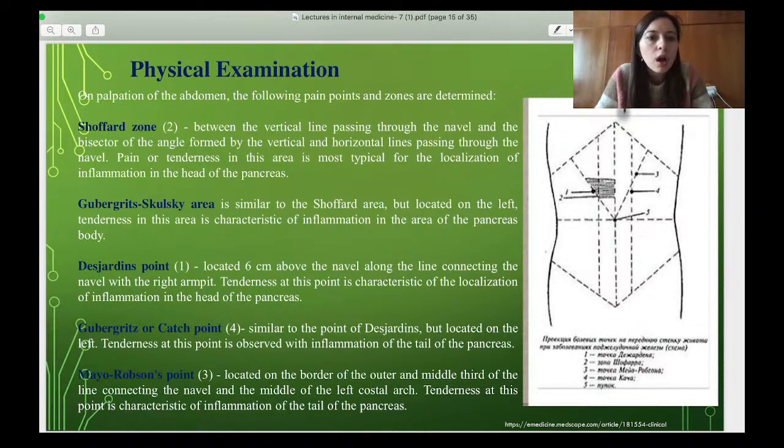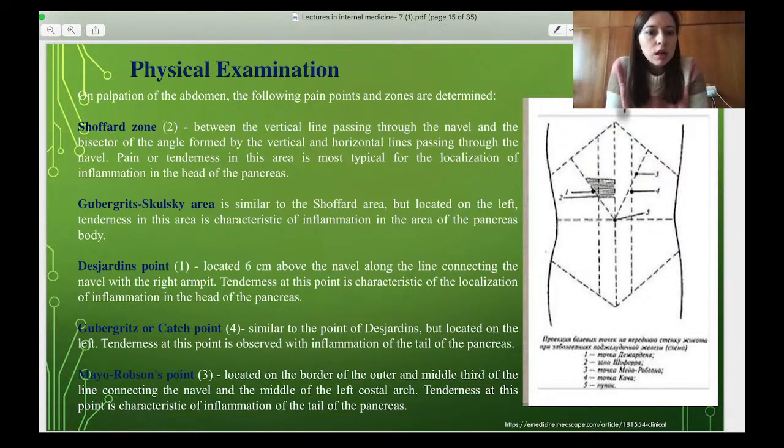Next point, Gubergrits or Mayo-Robson catch point, similar to the previous point, but located on the left. Tenderness at this point is observed with inflammation of the tail of the pancreas. And on your picture you may see number 4.